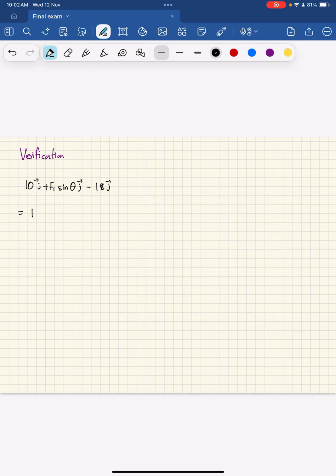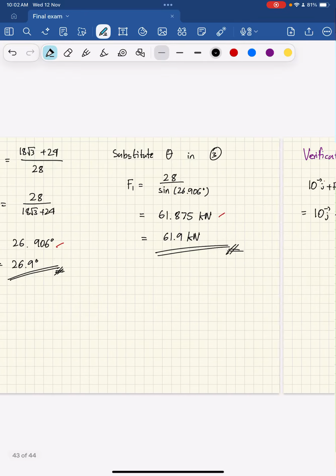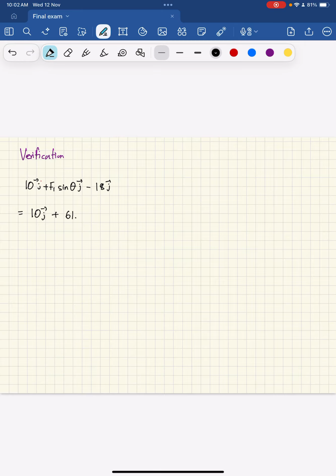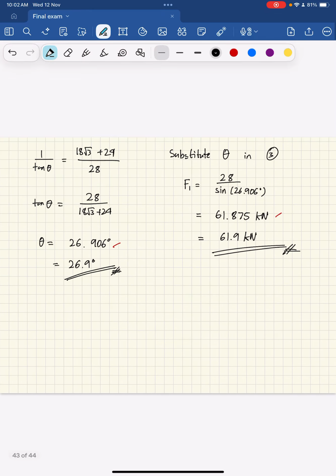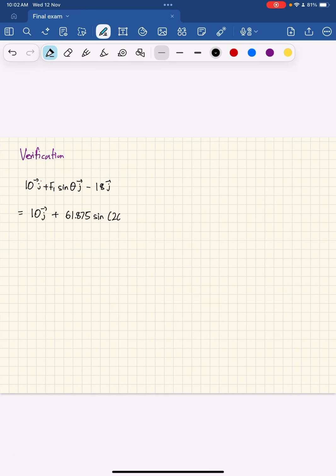So we know it's 10j plus 61.875 sine 26.906 j minus 18j. So it becomes 10j plus 61.875 sine 26.906.